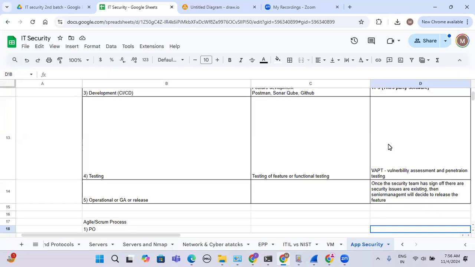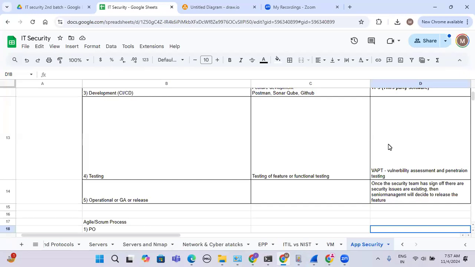And finally, once the security sign off is completed by the respective security team, then that feature will go to the production environment or release or general availability. Now the public can access that particular feature. There are several teams involved in one feature development or one product development or one mobile development.